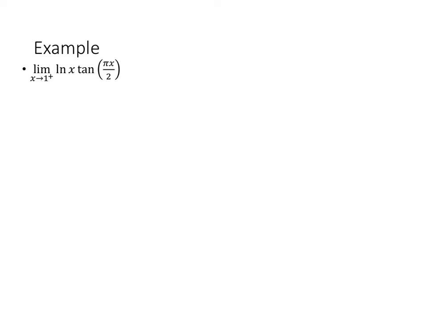And therefore, we want to try to apply L'Hopital's rule in some way. But remember, L'Hopital's rule only applies to quotients. So we need to somehow cook up a quotient here that's equivalent to this product. And the way that we can do that is just trade our tangent in for a cotangent. So we're going to let x go to 1 from the right, and we'll keep the natural log of x up here.